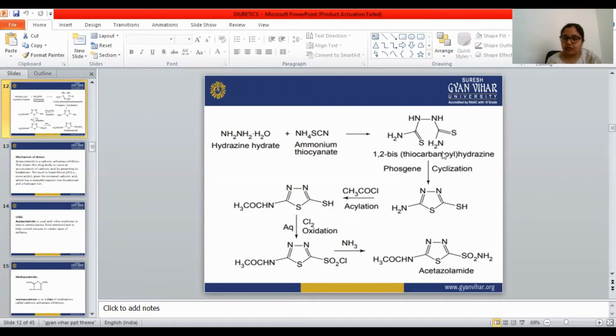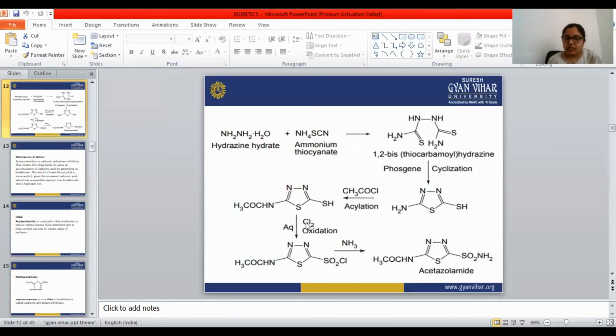Then the cyclization happens: NH3 is removed from here and it becomes a cyclic form. After this, in the acylation, the Cl and one H from this NH2 are removed as HCl, and this CH3CO binds with the N here, so it becomes CH3CONH with the same remaining ring.